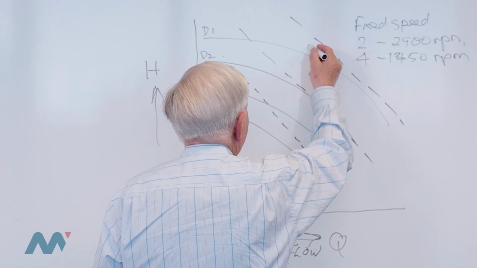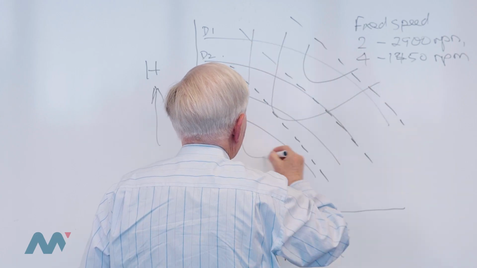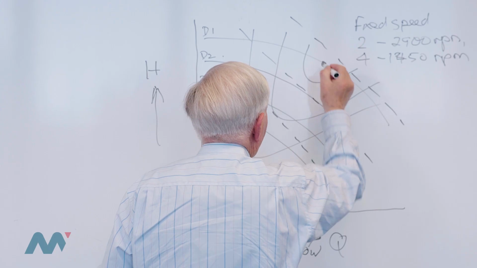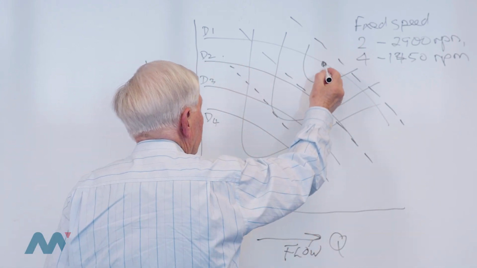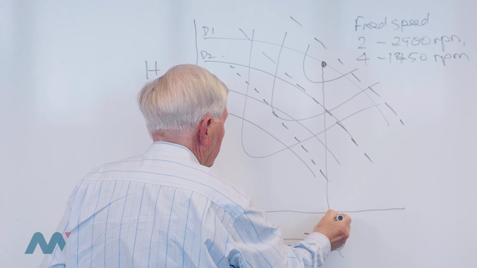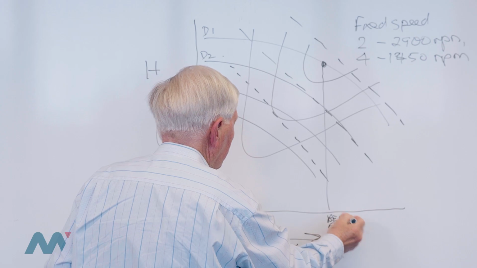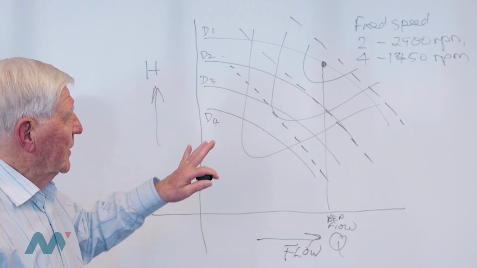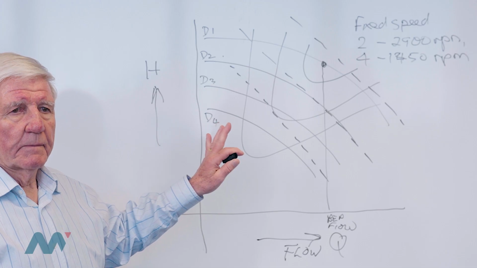And then we would have efficiency lines, which are like this. And this would be the best efficiency point or the design point for that particular pump. So this would be BEP flow. And that's a very important point on the pump curve because that defines the preferred operating zone for the pump.